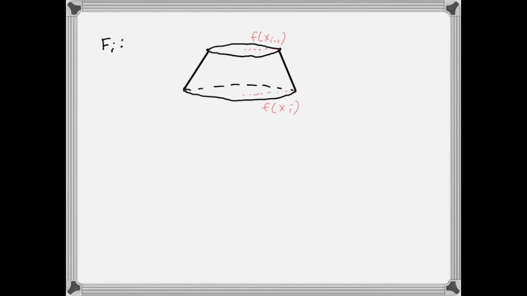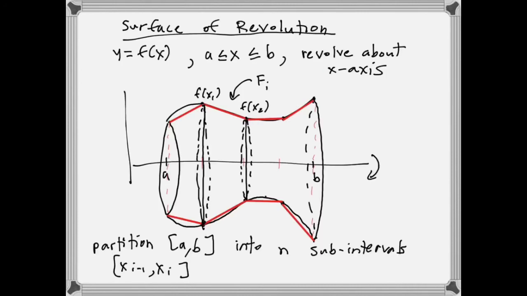Because it's turned on its side, isn't it? If we go back here, you can see that we actually have f of the different x's, and that's giving us the radii, right? Because that's exactly what this is. This distance right here is f of x1, and so on.